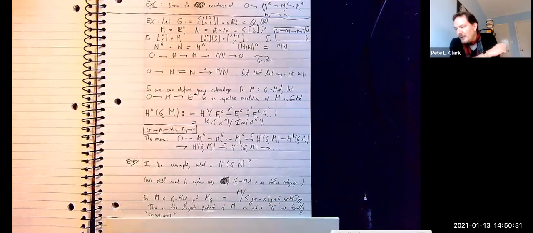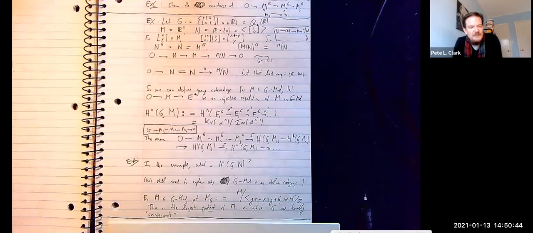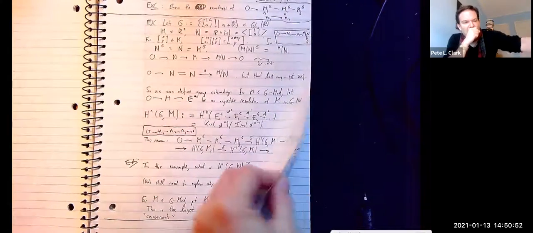Once you mod out by those relations, the quotient is invariant, and it's clear, I hope, that this is the smallest thing we could possibly have modded out by in order to get an invariant quotient. And so therefore, M sub G is the largest quotient of M on which G acts trivially, whereas M super G was called the module of invariants. M sub G, unfortunately, is called the module of coinvariants.